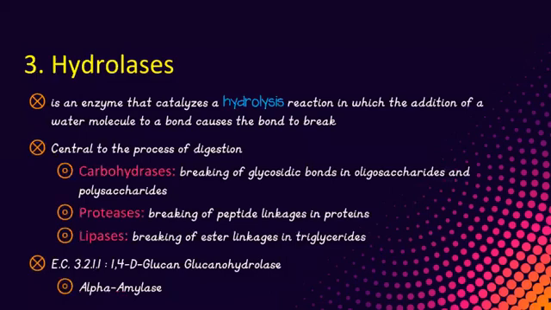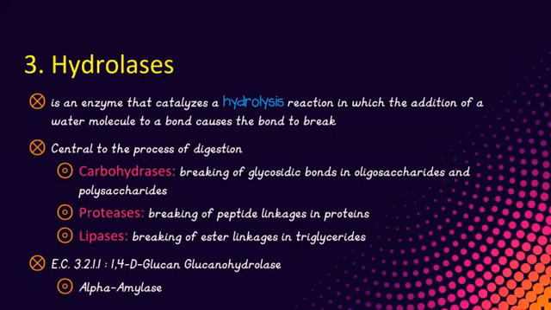Next are our hydrolases. They catalyze hydrolysis, a reaction in which the addition of water molecules to a bond causes the bond to break. Here are examples of enzymes that undergo hydrolysis. We have carbohydrases, which break glycosidic bonds in oligosaccharides and polysaccharides.